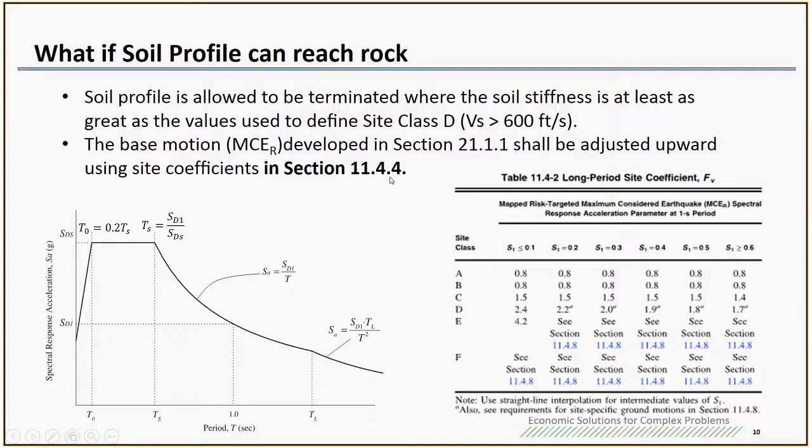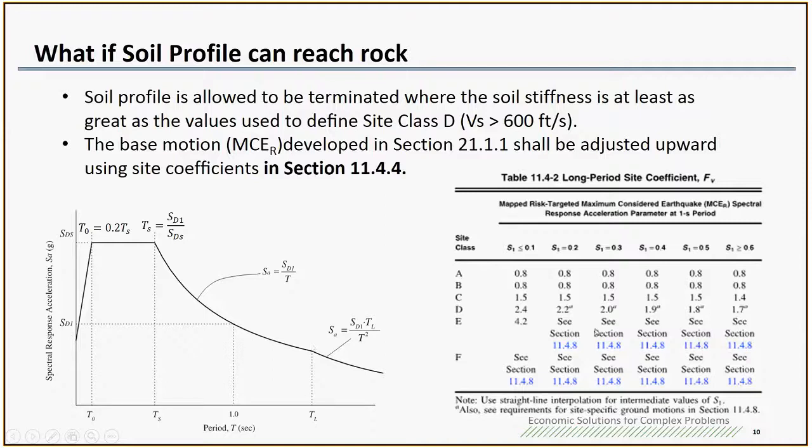But as we presented in the previous class, ASCE 7-16 now has a dramatic change. If you look at the table for Fv for site class D, you cannot use those coefficients to get your target spectrum.